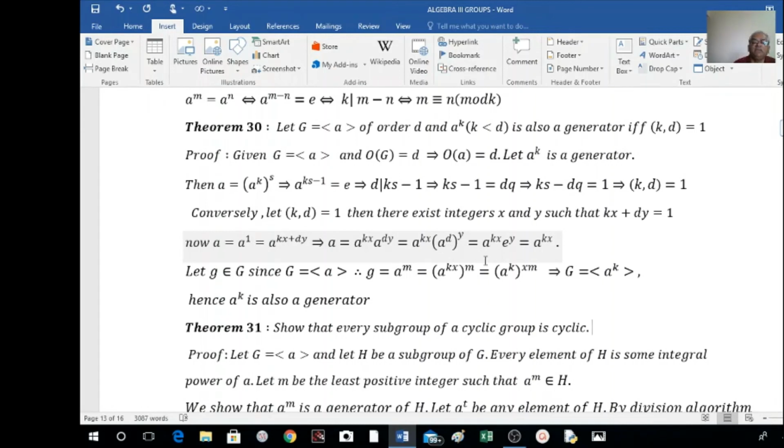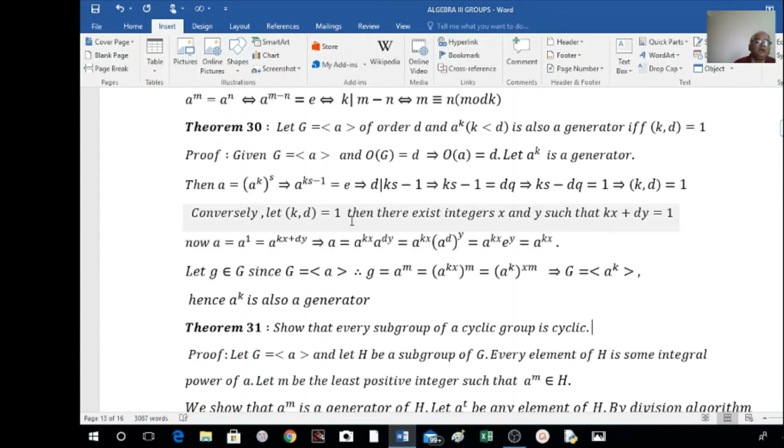What is a^d? This is equal to e, because the order of a is d. So a^d is the identity e, and e to the power of y is e itself because e is the identity. So a^(kx) times e is nothing but a^(kx). So a can be written as a power of kx.